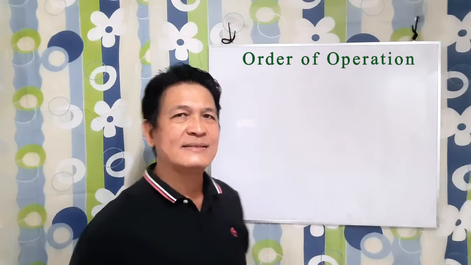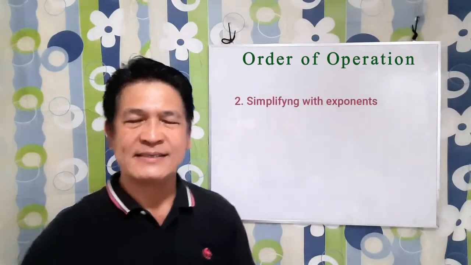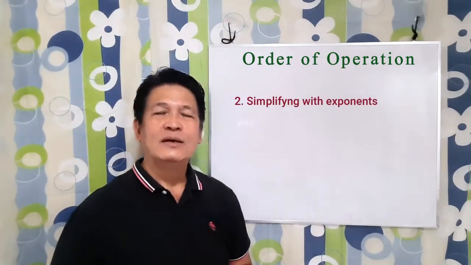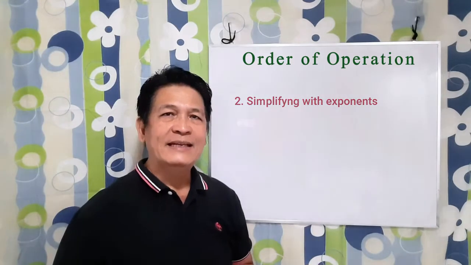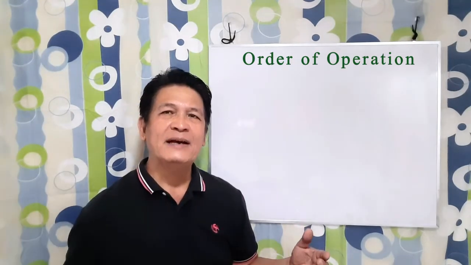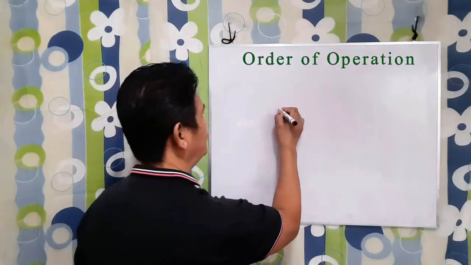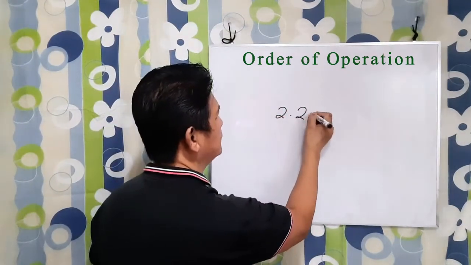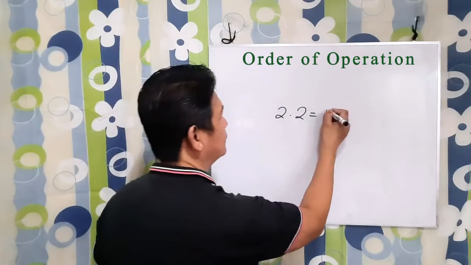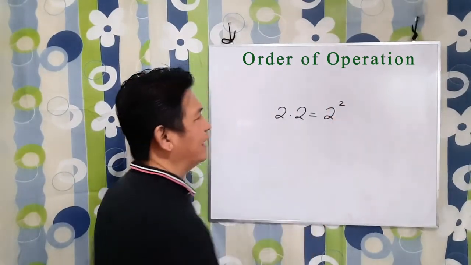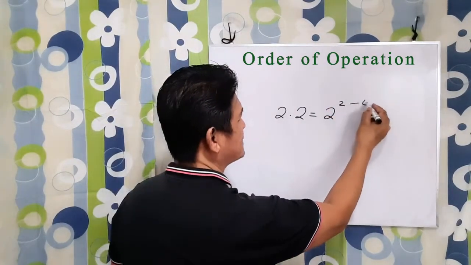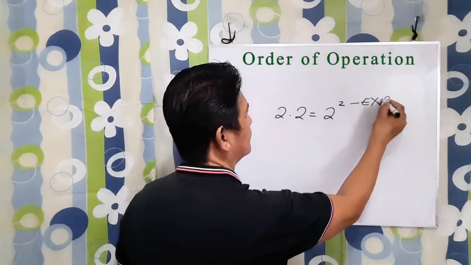Now let's go with the second one, and the second one is exponents. What is an exponent? Well, to explain shortly, an exponent signifies a repeated multiplication. For example, 2 times 2 is equal to 2 squared, and that is your exponent.